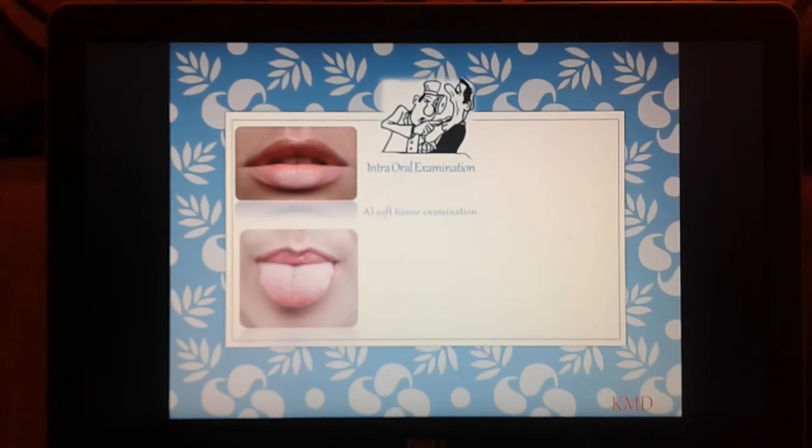In case the tongue is enlarged, it can signify lymphangiomatous changes, hemangiomatous changes, or the presence of neurofibromatous changes. The integrity of the papillae has to be noted. Any signs of cracks or fissures, or even the presence of ulcers or a tongue tie should also be noted.